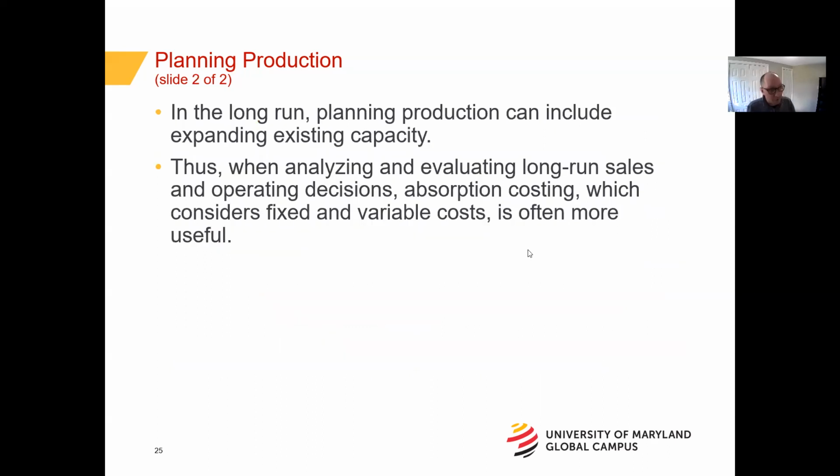However, in the long run, meaning long term, looking at full 12 months, looking at all of those components together, it is best to use variable costing because we take into consideration margin, manufacturing margin. So when you look at planning for production, short run, absorption costing, long run, variable costing.